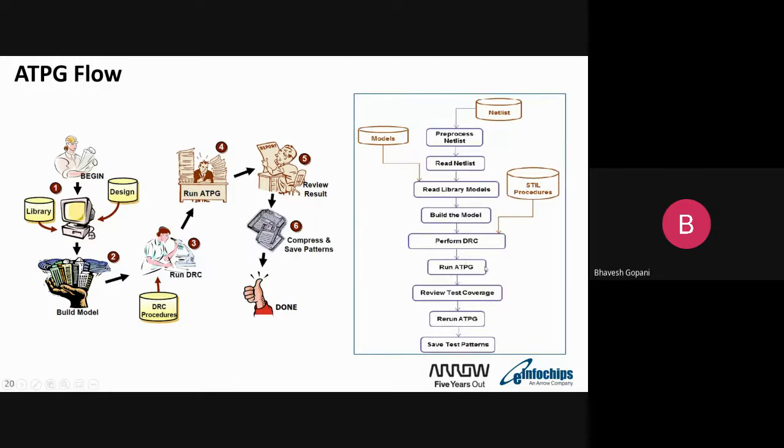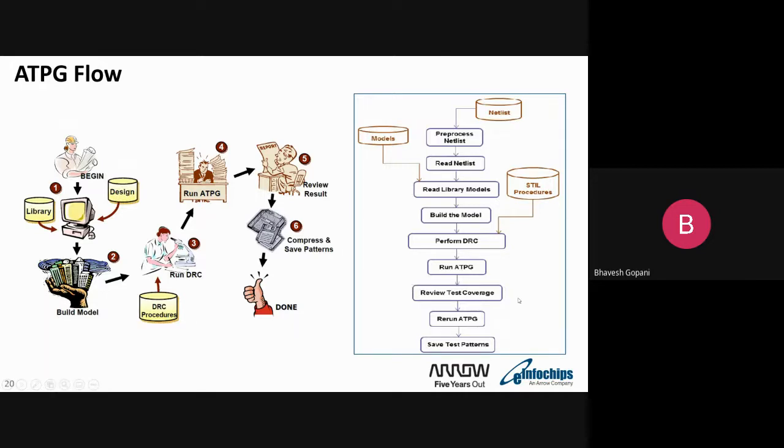Once the run ATPG starts, the tool engine will start generating the patterns. Once the patterns are generated, we can review the test coverage. Test coverage is a parameter; there are certain targets we need to achieve, and then I can say my design is tape-out ready.